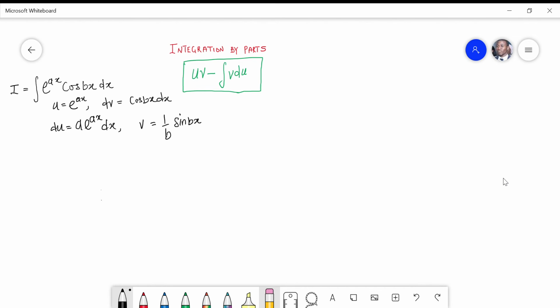So now my I, which is my integral, becomes uv minus the integral of v du.